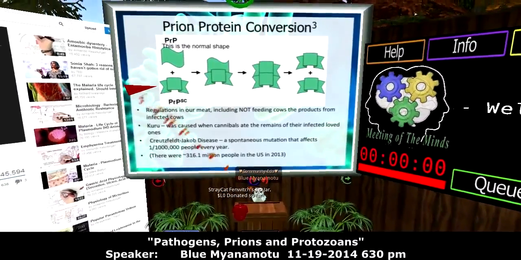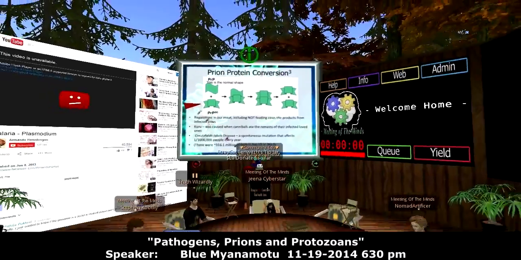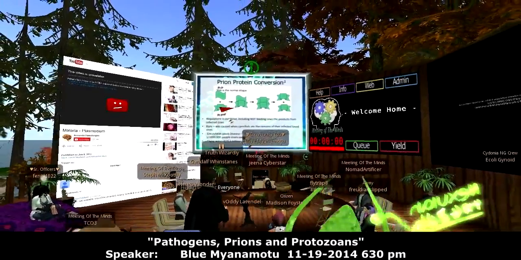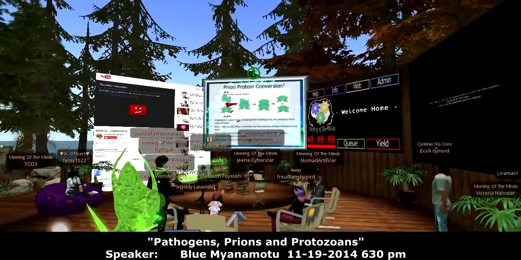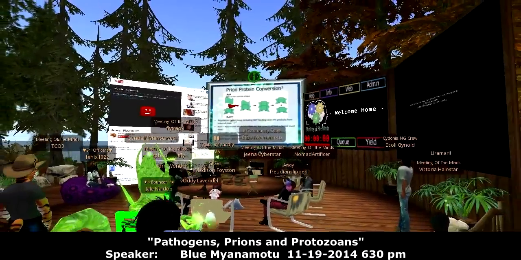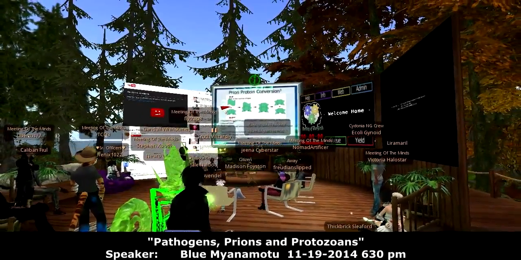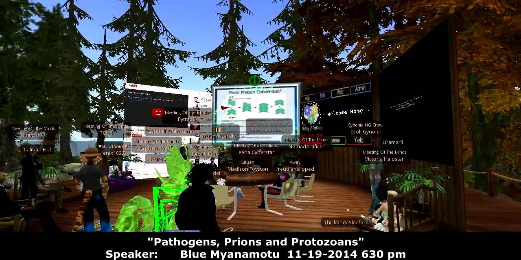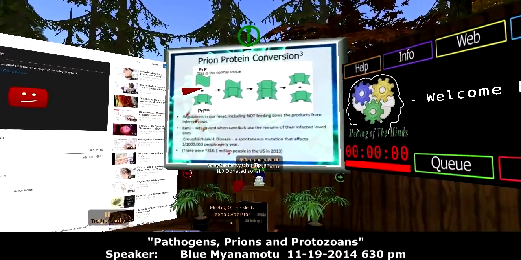Okay? Now, the problem with these conformations, and this is the disturbing thing, is that when they run into a normal protein, a normal prion protein, so you see here the distinction is that there is this regular prion, PrP, and the other form, and forgive me, I will admit this, I forget what the SC stands for.